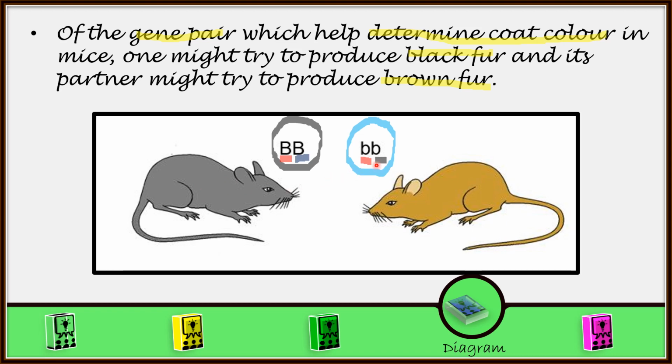And then we have this gene pair here, small b. This gene pair is trying to produce the brown fur. So these gene pairs are producing different types of fur. One is producing brown, another gene pair is producing black fur.